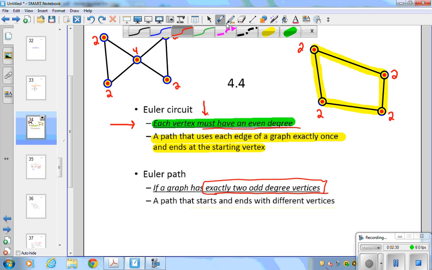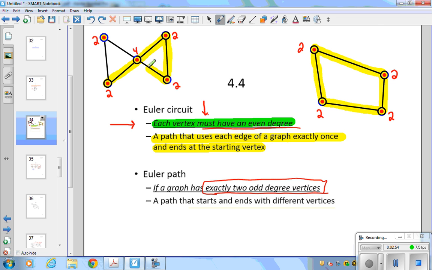Now the next part I'm going to have to do is actually create the circuit, meaning can I recreate this graph? What I'm going to do is choose at random what vertex to start with. So I'm going to start at this 2 right here, and I'm just going to draw the way I want to as long as I stay on an edge and not repeat.